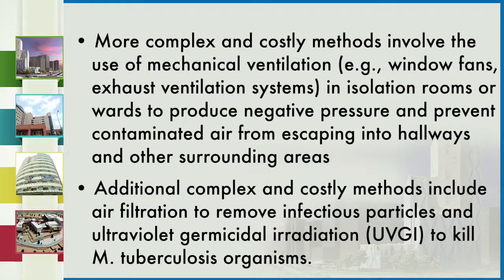This is used to kill the M. tuberculosis bacteria, and it is usually done at the upper level of the room. In a TB center you can put a UV light at an upper level, but we also have to make sure there is no direct exposure of humans to this UV light for a long time, because that can cause skin problems.